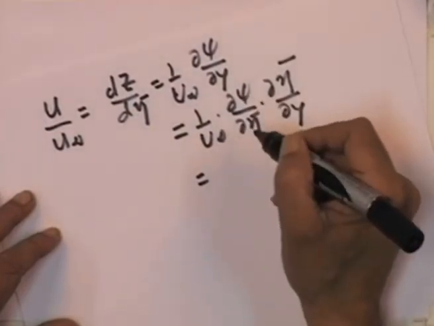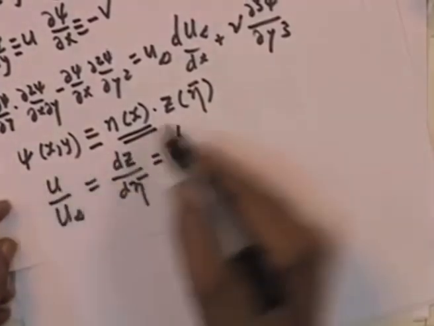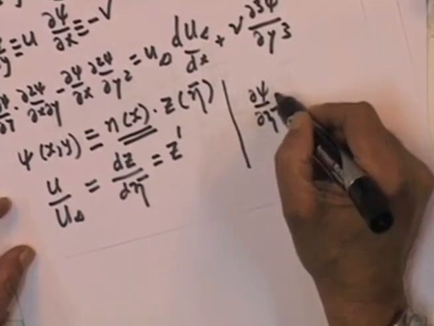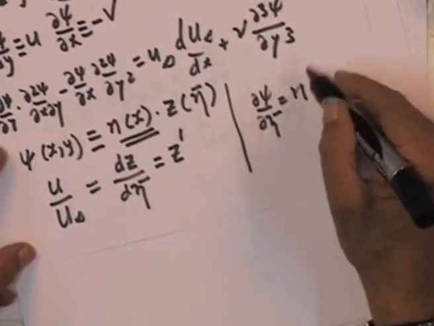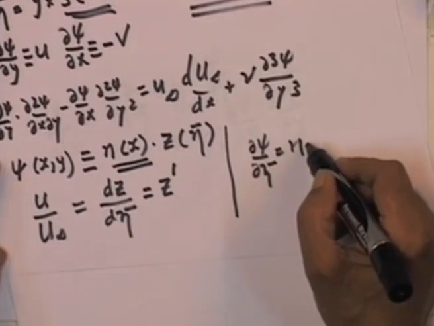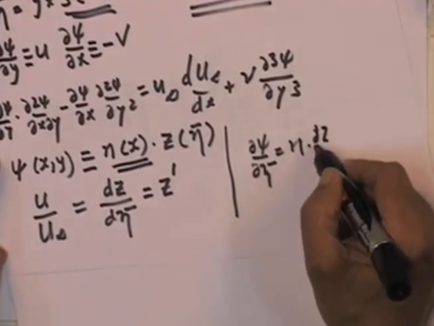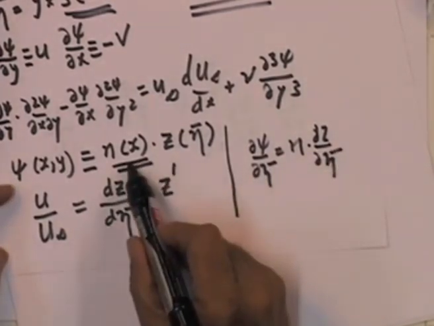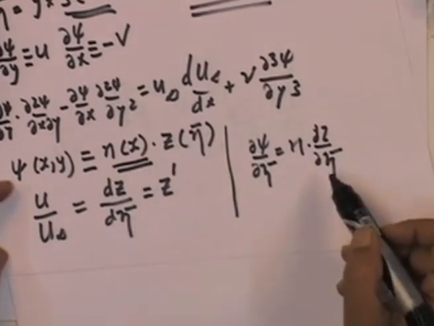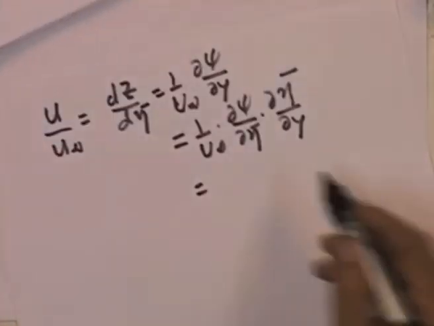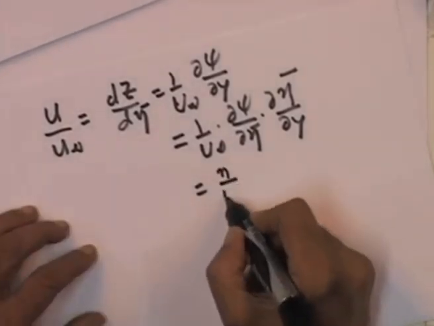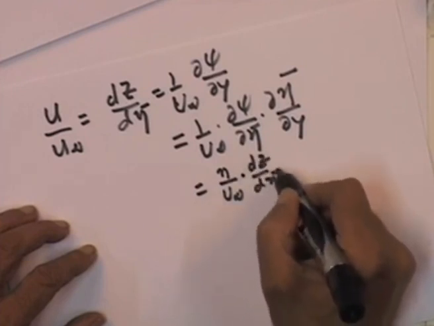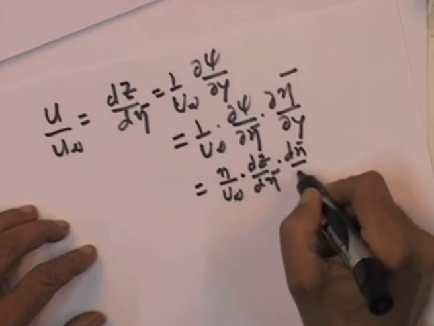Now, what is d psi by d eta bar? It would be simply n times dz by d eta bar, simply because n is a function of x and z is a function of eta bar. Therefore, I can replace this as n over u infinity into dz by d eta bar into d eta bar by dy.